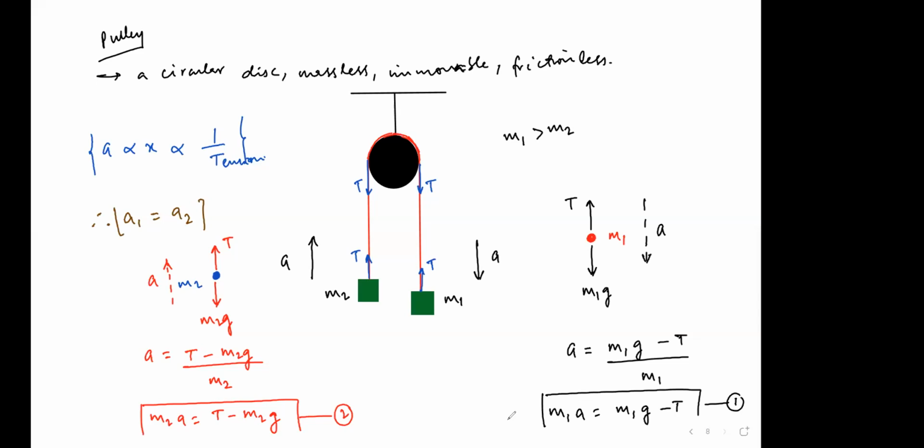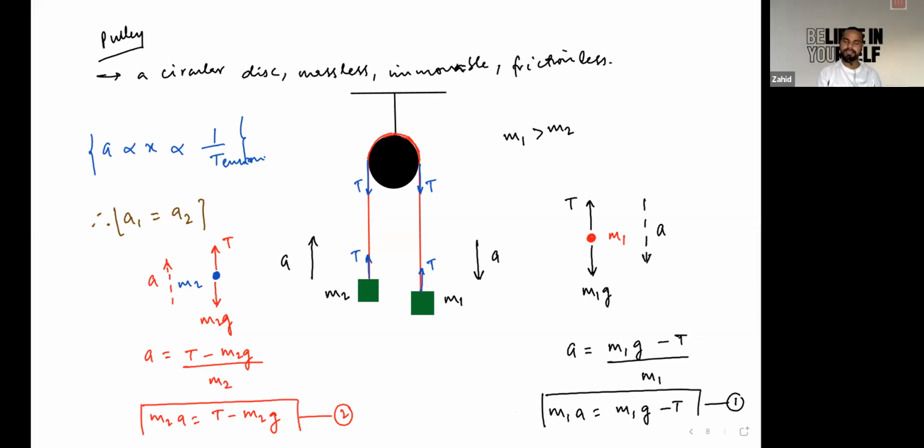Just add these two equations, you will get the value of A. And on dividing these two equations, you will get the value for T.